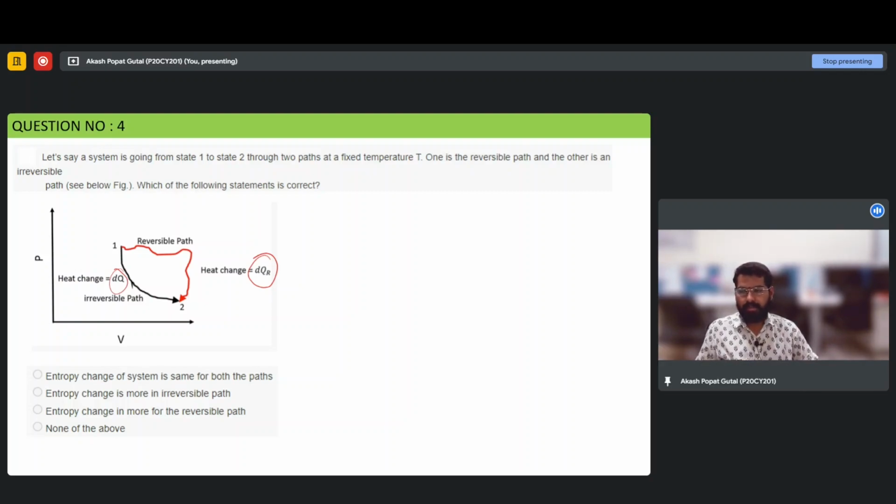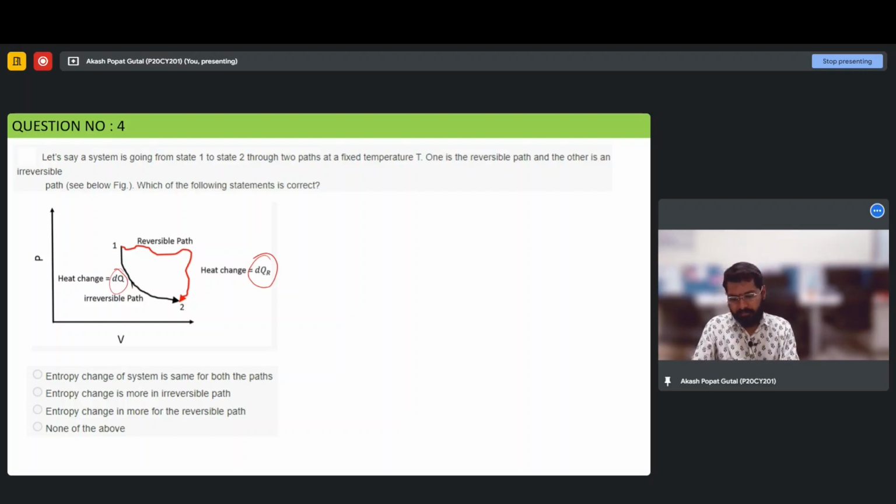As S is a state function, both paths are going towards the same state, state 2.